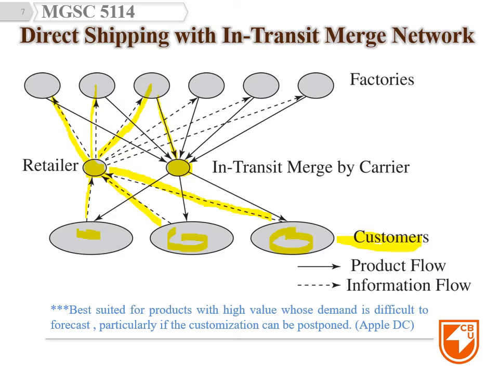This type of network is best suited for products with high value, the same as the previous one, whose demand is difficult to forecast. Yes, that's difficult. That's why we are connected to factories, and particularly if the customization can be postponed. So if we need to change the orders, if we need to give customers the ability to customize the products, these types of networks are the best.